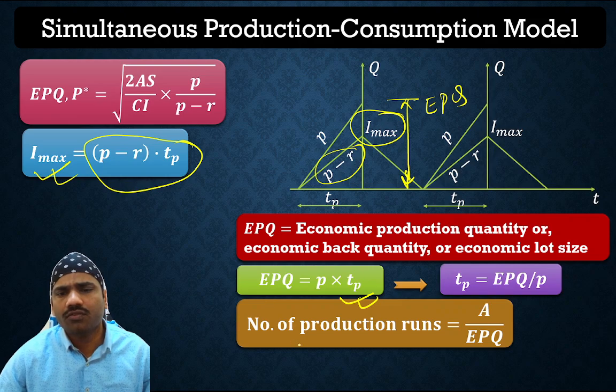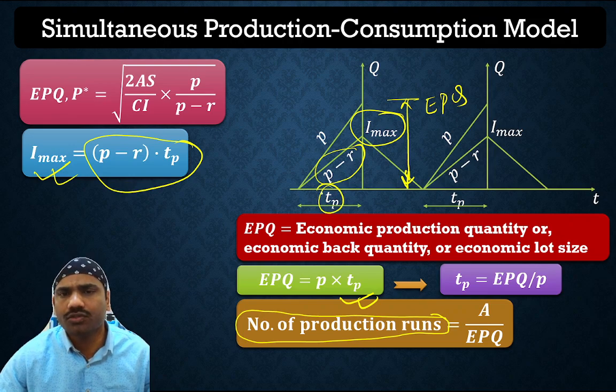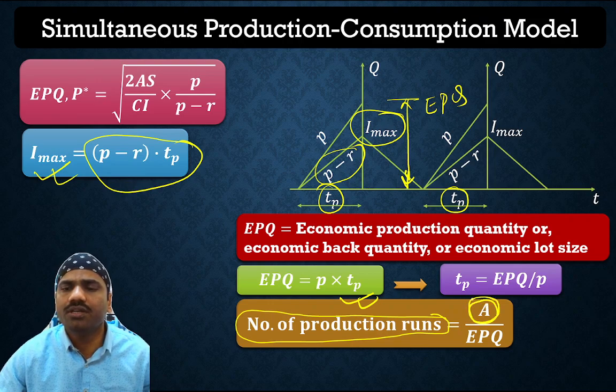We can also find the formula for the number of production runs. How many times are we going to produce? Say we have already produced 2 times. What will this number be, 2, 3, 4, 5, so that we can have a complete supply of the annual demand A? We can find this number of setups by A by EPQ.